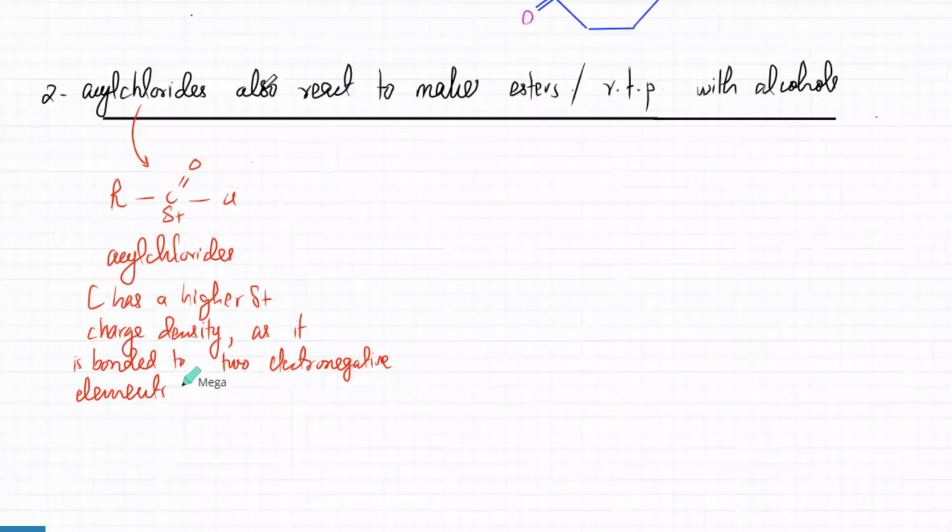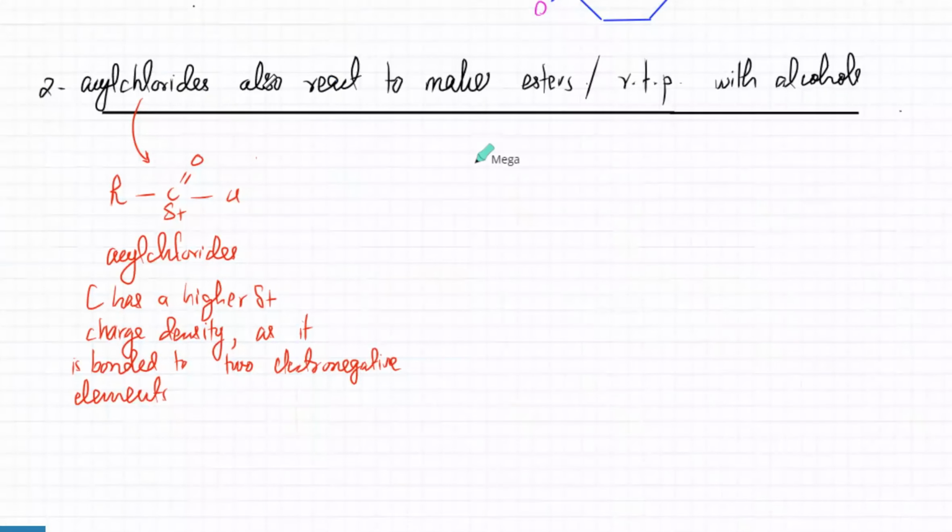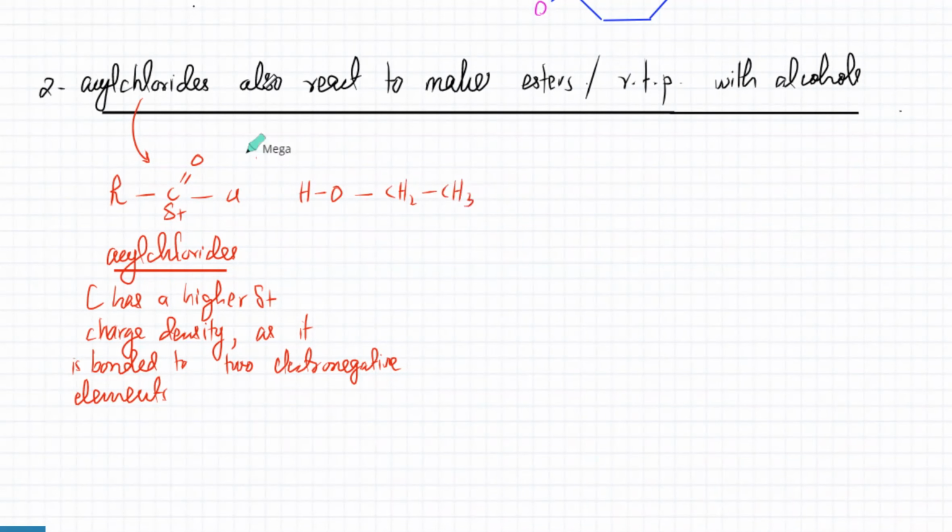The rest of the reaction is kind of the same. You react an acyl chloride with an alcohol. Now an alcohol has lone pairs. So if you have an OH in an alcohol, it's got these lone pairs, especially this oxygen.